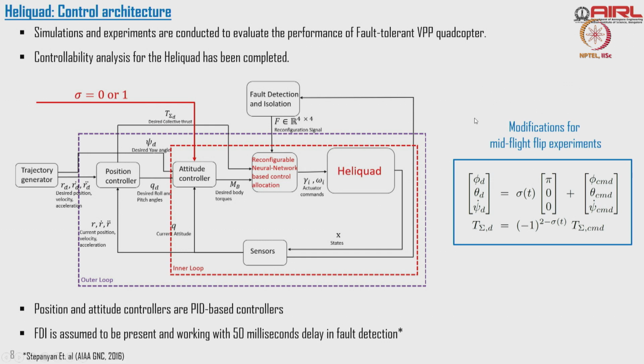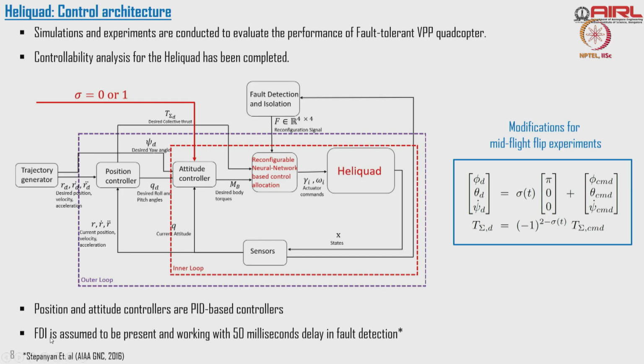So the modification we have done: we take the command, and we also have a small system here which takes care of this neural network conversion, and then that will provide whatever the phi d, theta d, psi d dot required, and that will go in to find the RPM. So here for the position and attitude controller we are using PID, the same as what we described in this course.